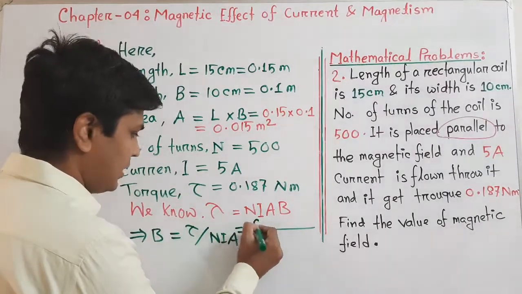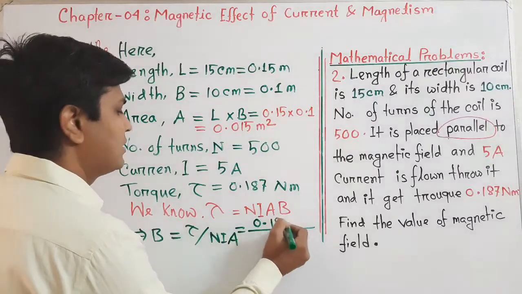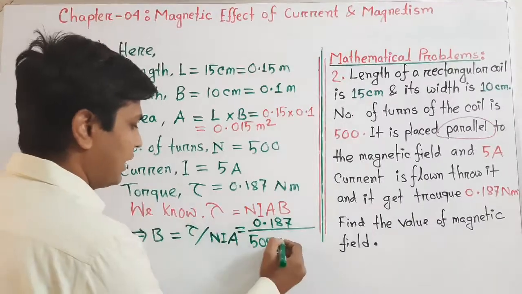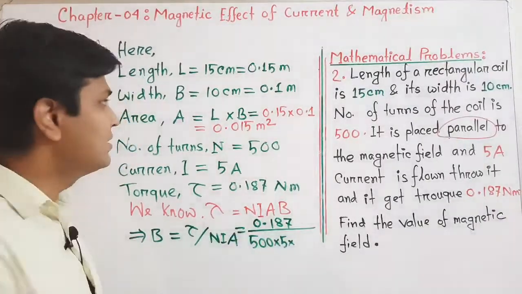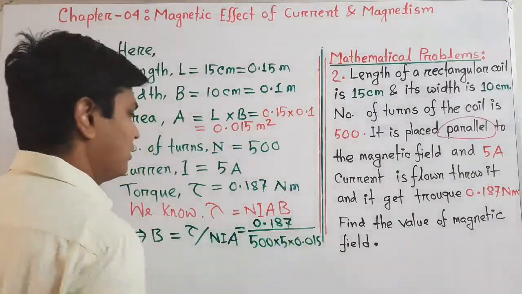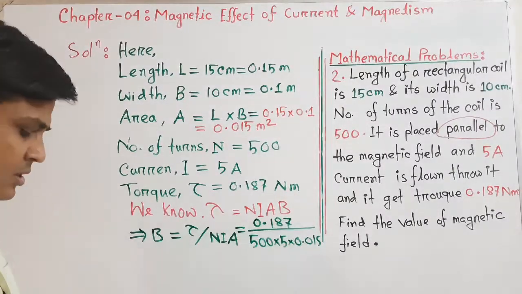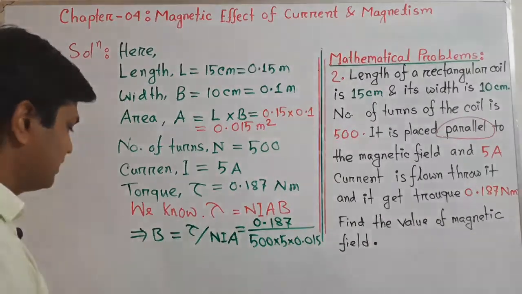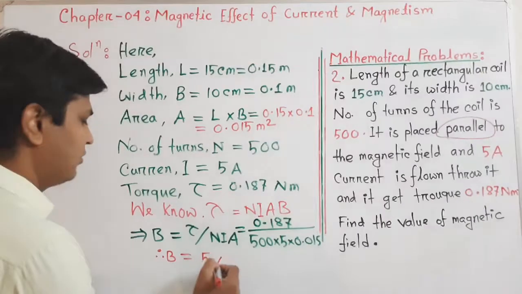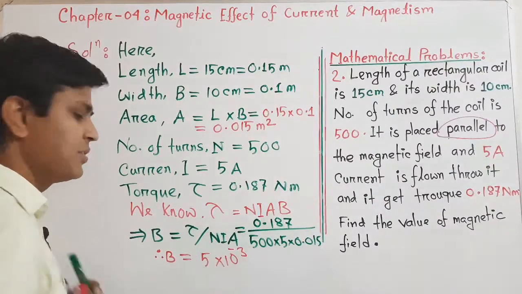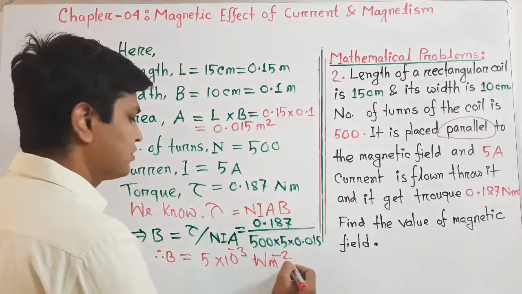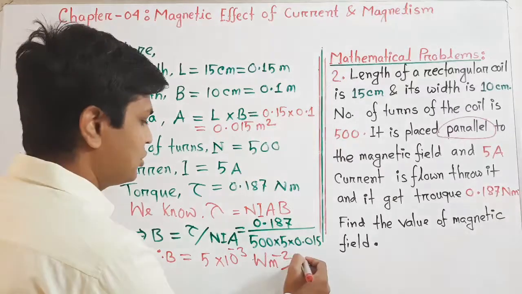Tau is 0.187, number of turns 500, current is 5 ampere, and area is 0.015. After calculation we will get the magnetic field B equals 5 into 10 to the power minus 3, and its unit will be Weber per meter square. This is the answer of question number 2.